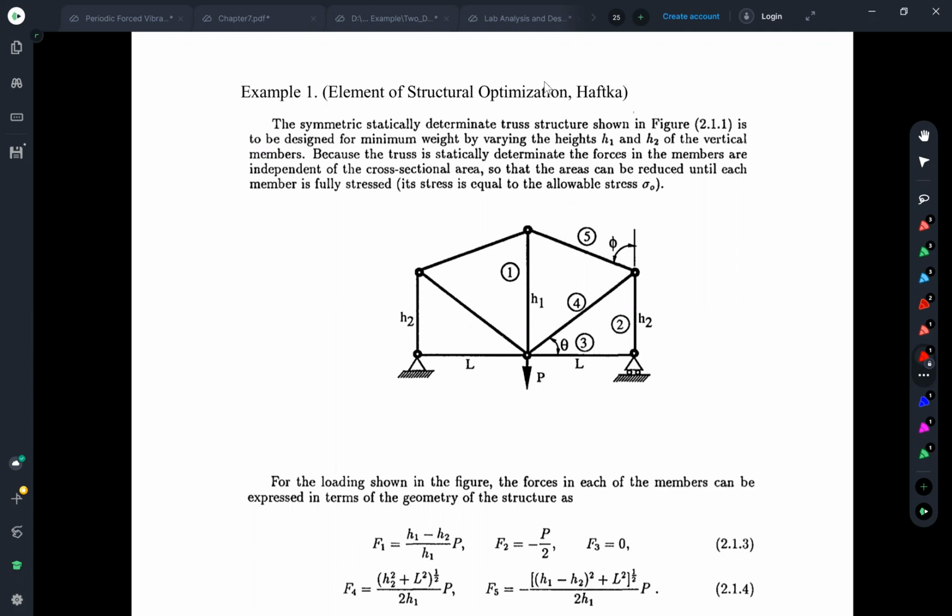What you're going to do, I expect, is draw many trusses and try to compare the weight of your desired truss. Maybe you compare 10 truss structures and see which one is the minimum weight.